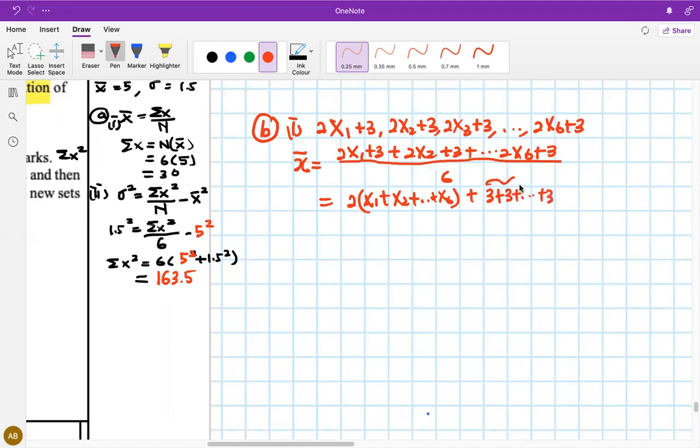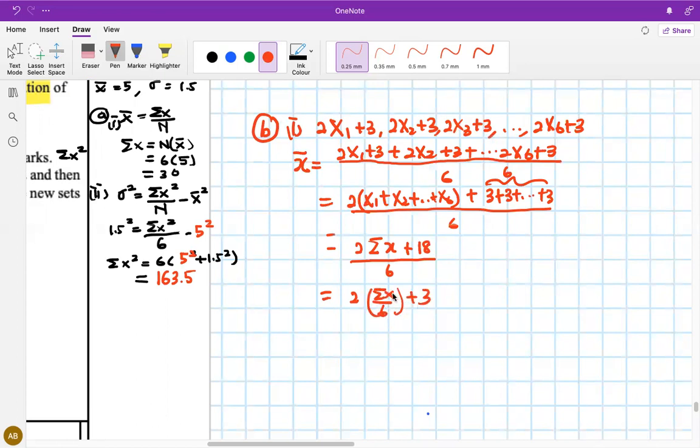How many times? 6 times, right? Then over 6, so eventually you get 2 times the sum of x, and then plus 18, divided by 6.